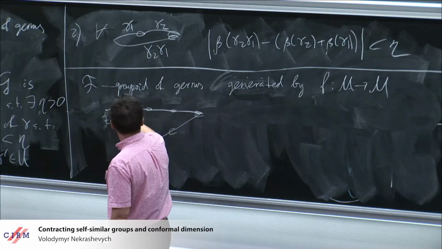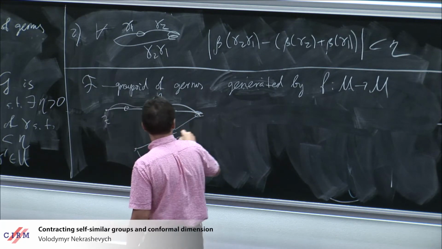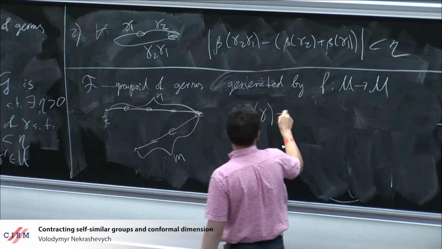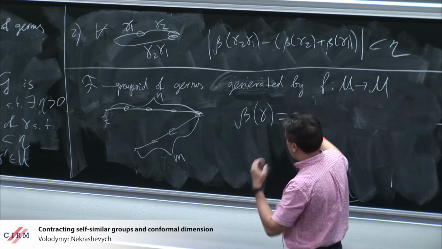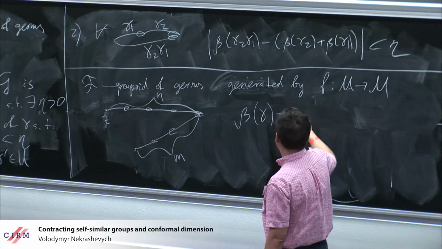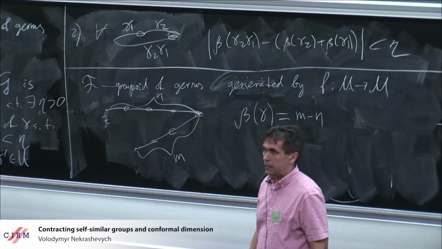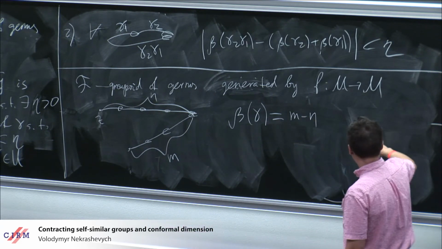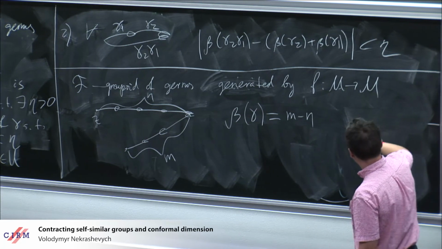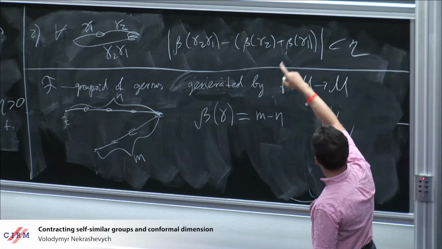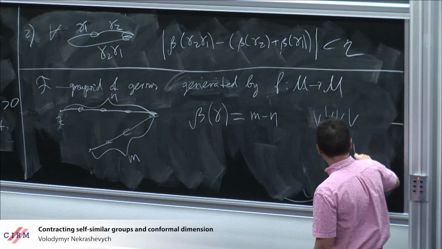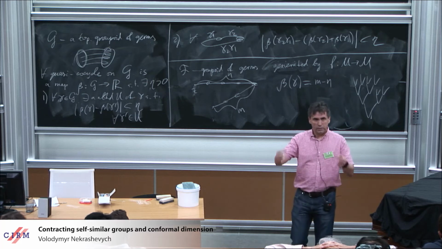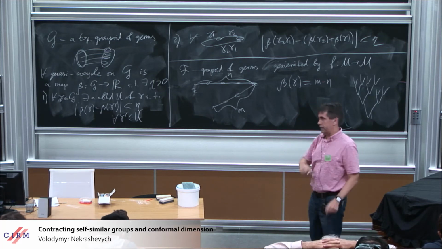So you go n times here and m times here, so you can define the value of the germ of the Busemann cocycle as, say, m minus n, for example. Then this will be a cocycle. If I did it in the right order, if you draw the Cayley graphs the same way as we did over there, they will be exactly trees without any horizontal edges. And this Busemann cocycle is just the difference of the levels.